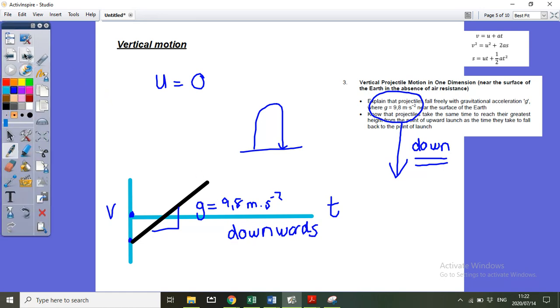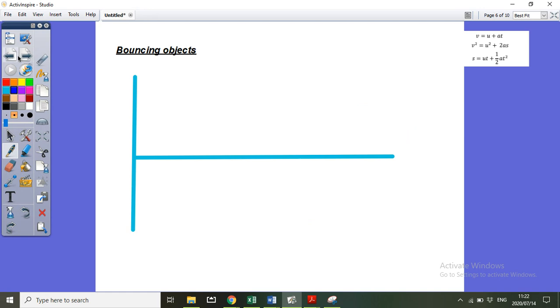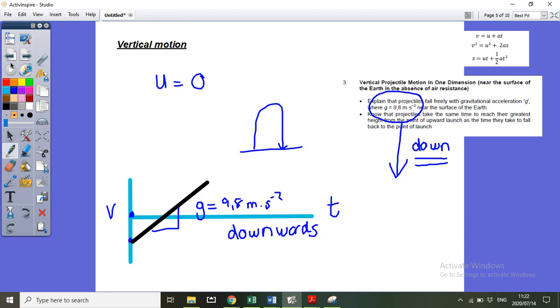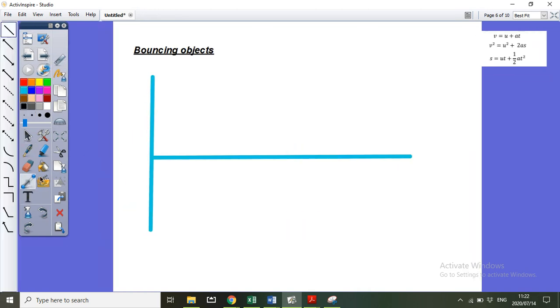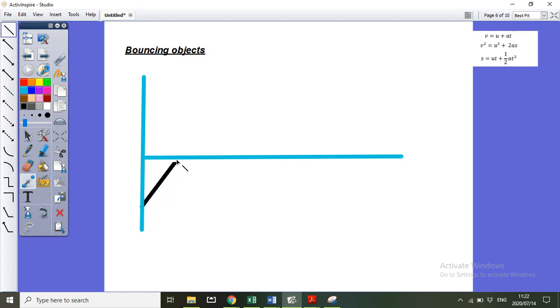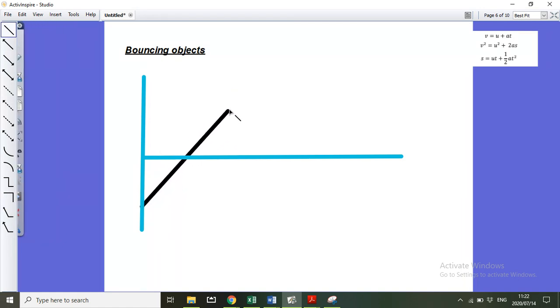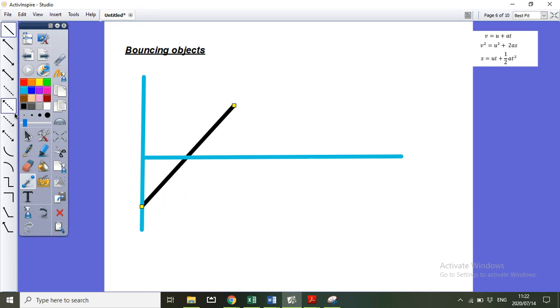Now, often you don't just get one motion. They give you bouncing objects. So if we look at this object that we had here that was thrown upwards, I'm going to just draw that same line again. So again, it's a velocity time graph.